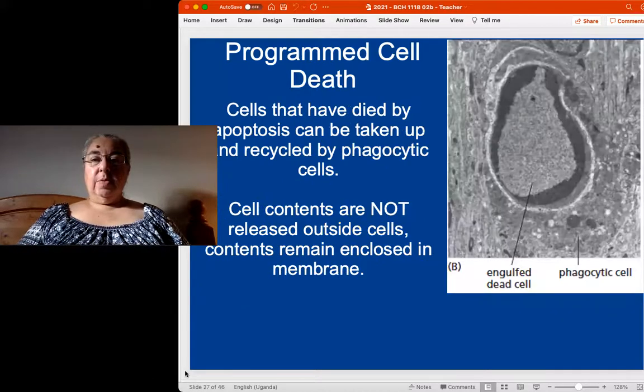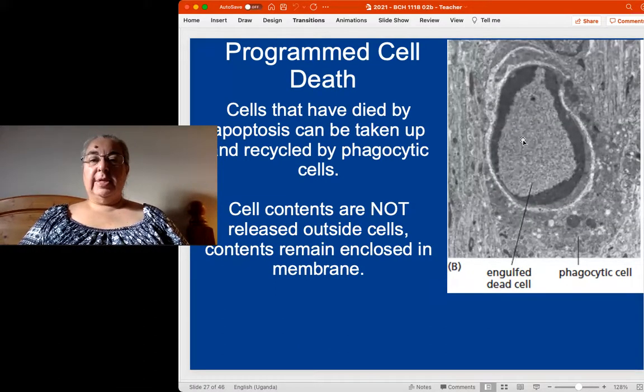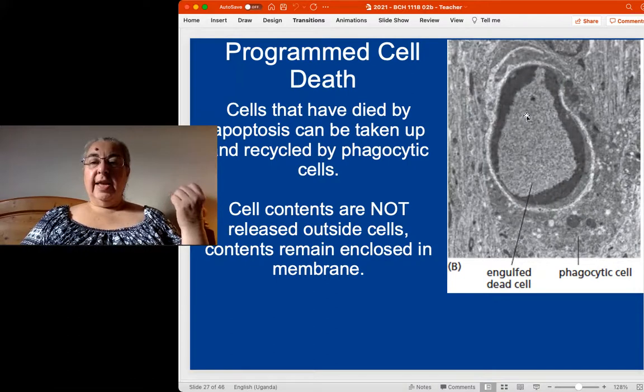Okay, so here is a cell which has killed itself by apoptosis, and it's been taken up. So it's inside another cell. This is a phagocytic cell, something like a macrophage, which can engulf other cells. And here is the dead cell that's been taken up.